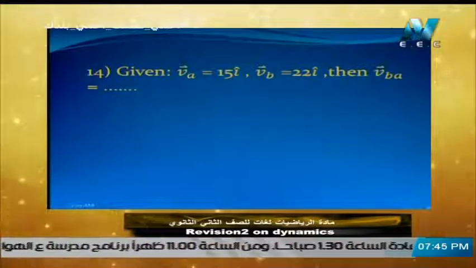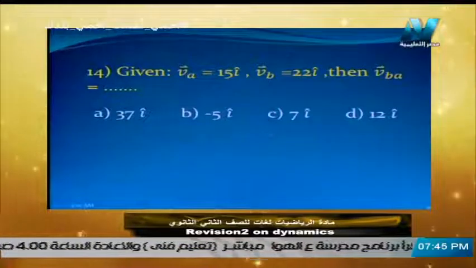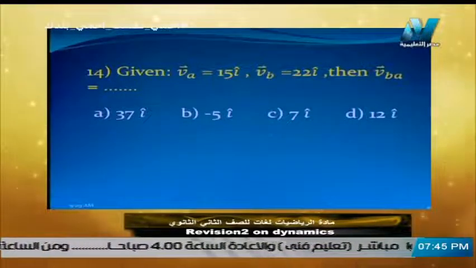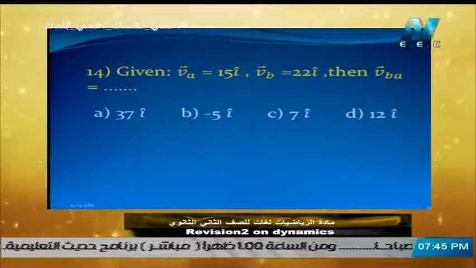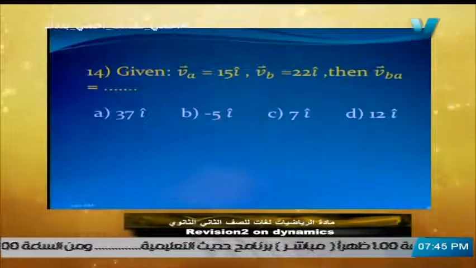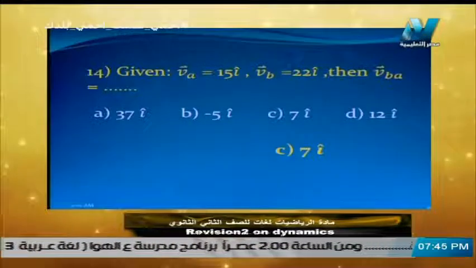Okay, it's a very easy question. The options here: 37i, negative 5i, 7i, or 12i. It's easy to understand that it's C, which is 7i. But let us explain why.